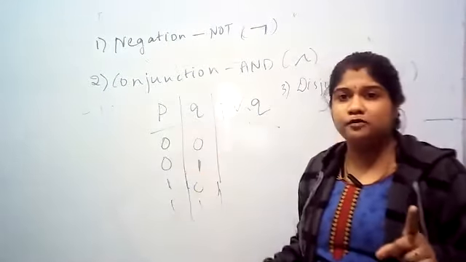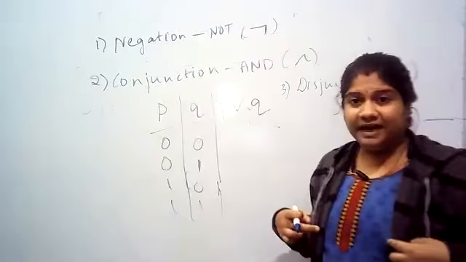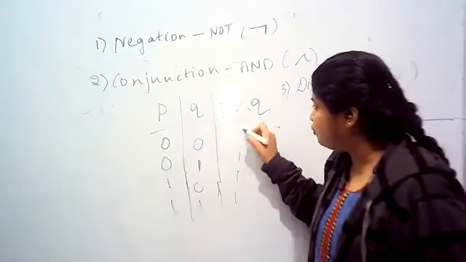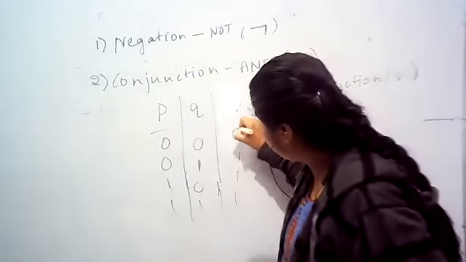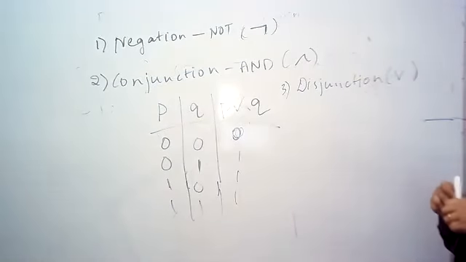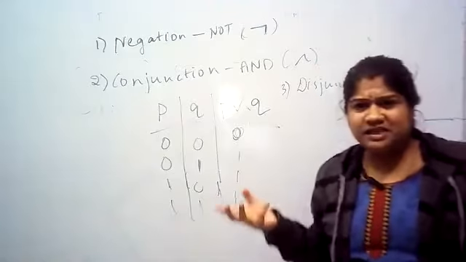If any one proposition is true, then the complete result will be true. If both propositions are false, then only it will be false. Rest is 0.